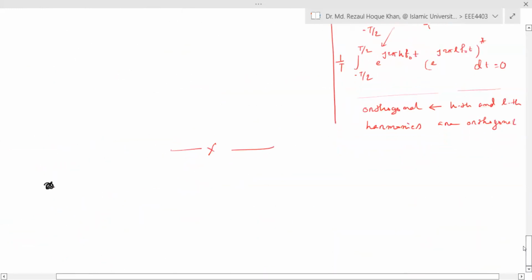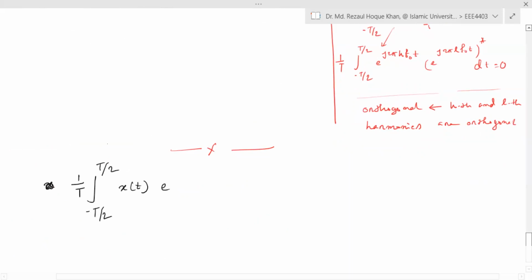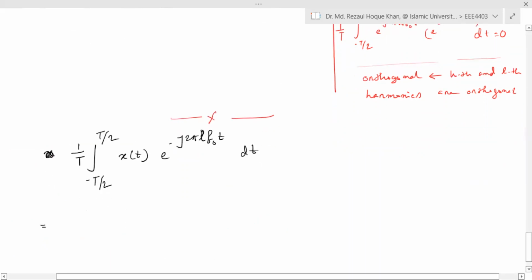We can write 1 by T, from minus T by 2 to T by 2, xt e to the power minus j 2 pi by T times L, or L omega 0 t, dt, which we actually write with the xt value as a sum from k equal to minus infinity to plus infinity.